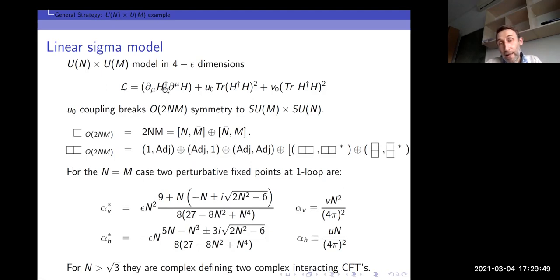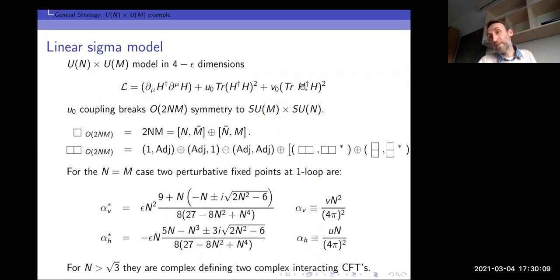So, to complicate our starting point, we have a more complex model, which we took to be a linear sigma model in 4 minus epsilon dimensions, shown here. You see the U coupling breaks the O(N) symmetry we had before to the SU(N) times SU(N) subgroup.